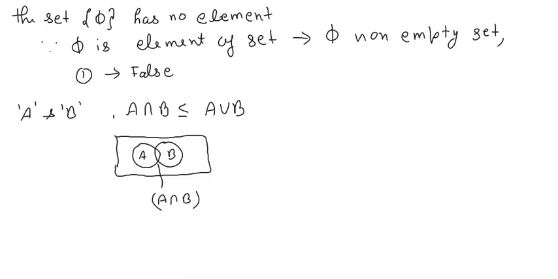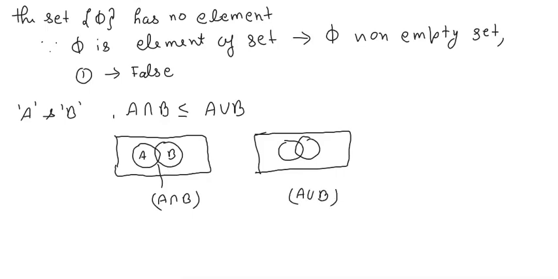Now here we will show A, B, and this is our diagram for A union B. A union B means all the parts of A and all the parts of B. Here A intersection B means only this part. So as we can see, this part is greater and this part is minimum.